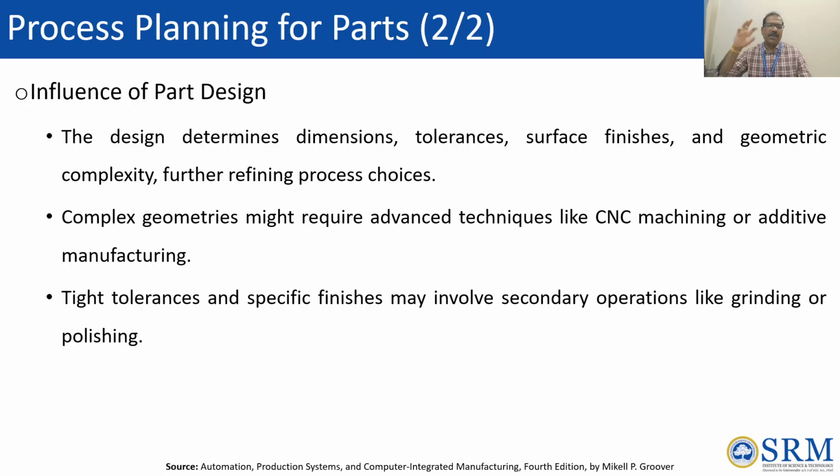In recent developments, additive manufacturing provides enormous flexibility for creating complex geometry. So for complex geometry, it is better to go with additive manufacturing, though CNC machining is also possible.